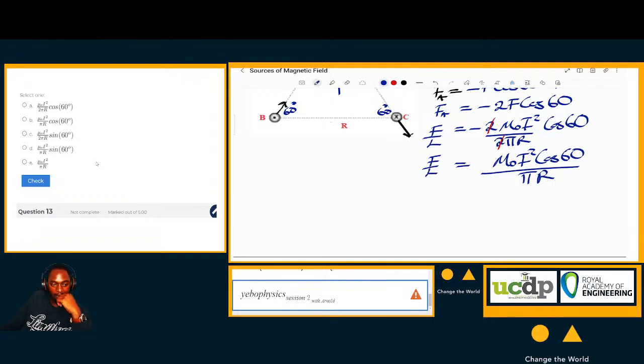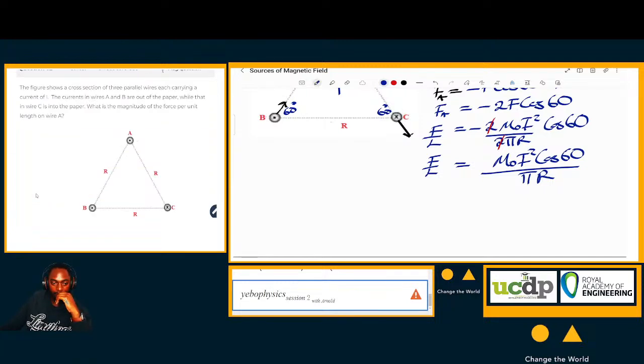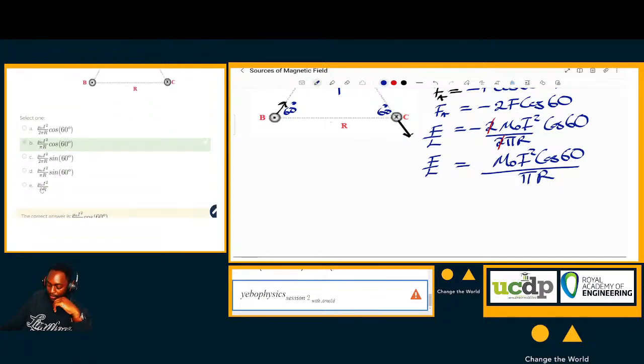Mu naught I squared over pi r, so that is what we get.